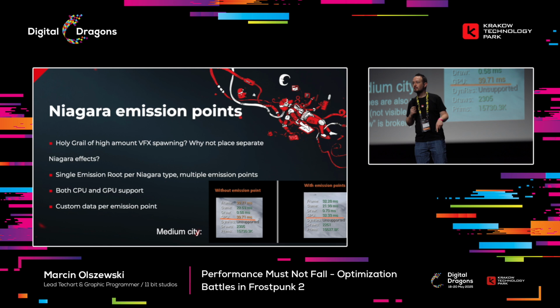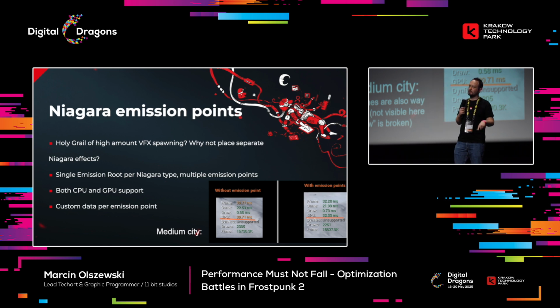It's an old screen, by the way. Now the gain would be higher because we have many more people after the update, which are also particles, by the way. Here the draw cost is not visible. I hadn't noticed it previously when I was making a copy of the screen, but draw cost was also way lower after using emission points.